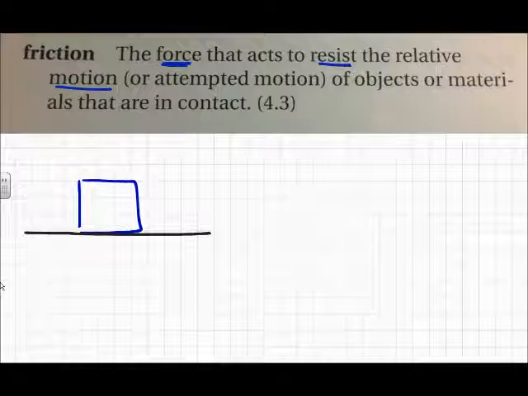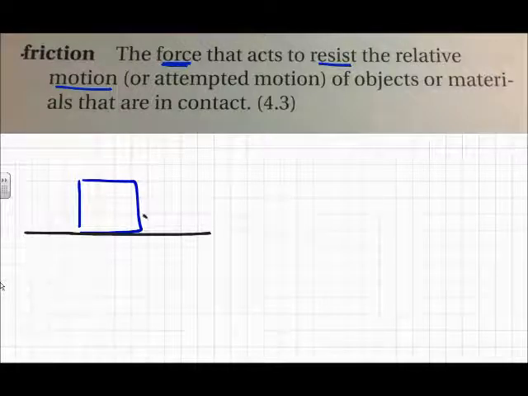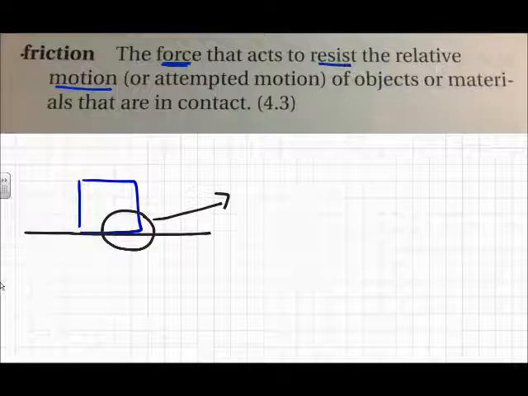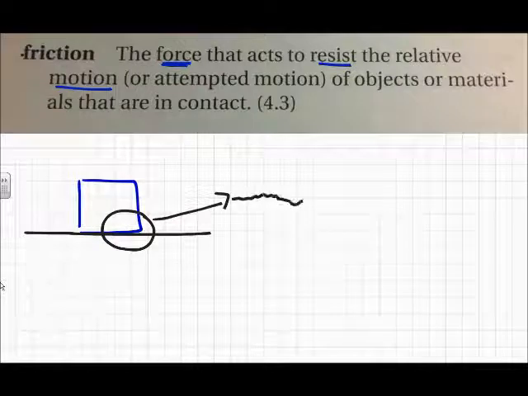No matter how smooth any surface might look and feel, all you have to do is zoom close enough into that surface. If I zoom in to see where this block and this floor are touching, no matter how smooth it might feel to me, that floor is actually extremely irregular.